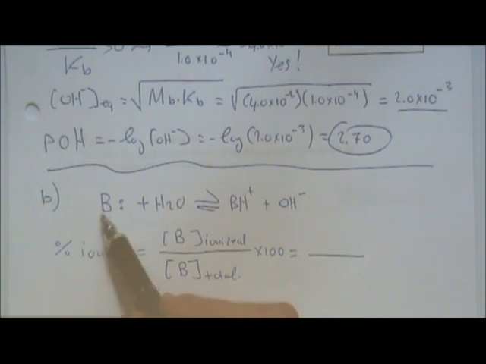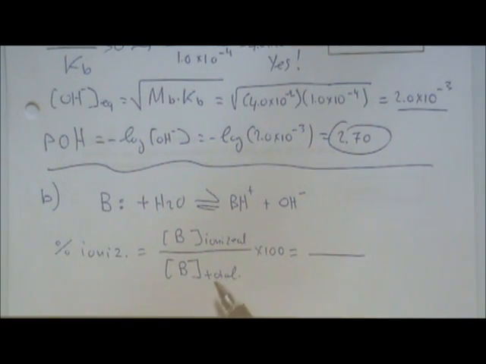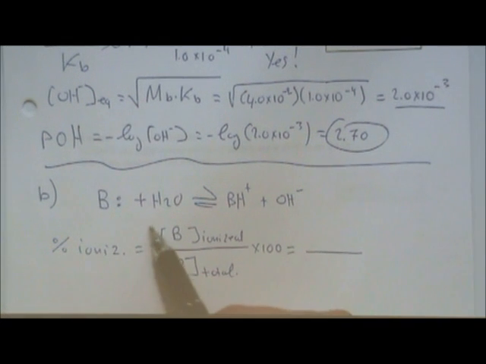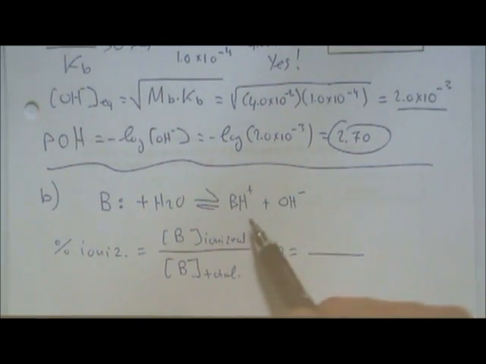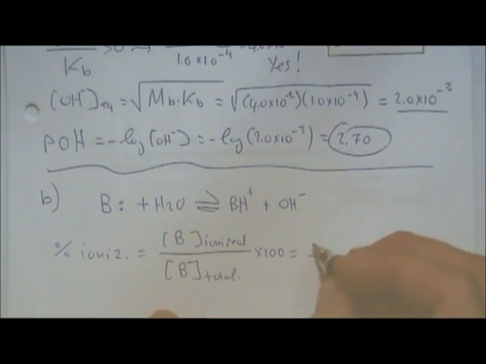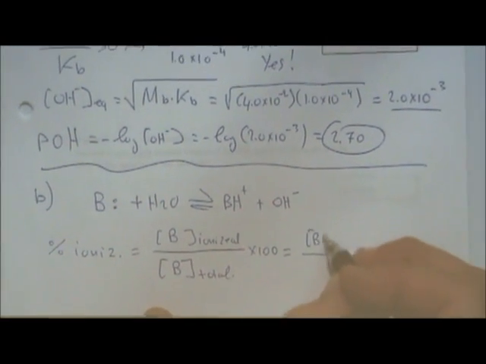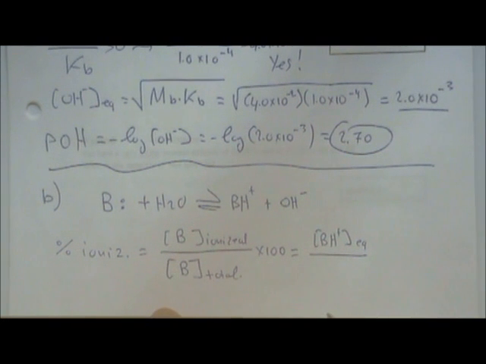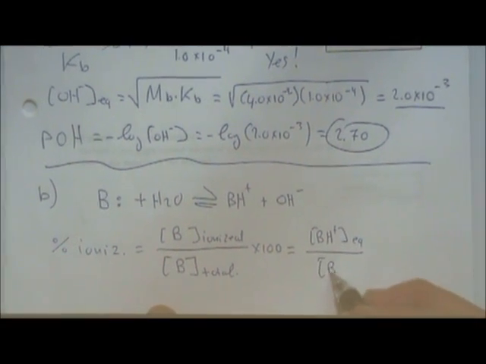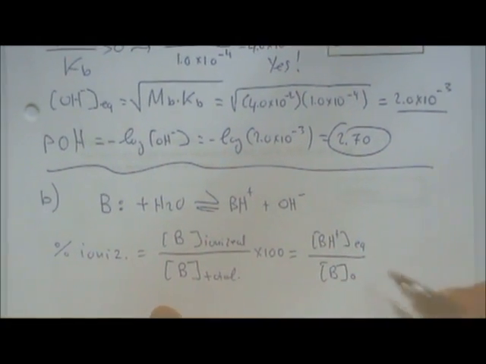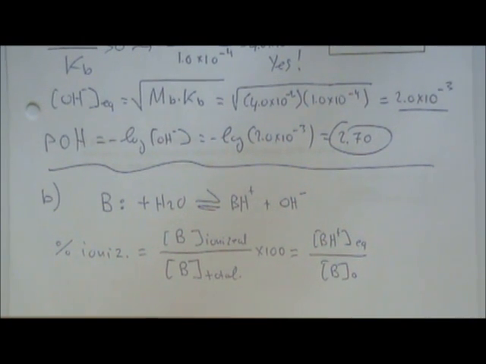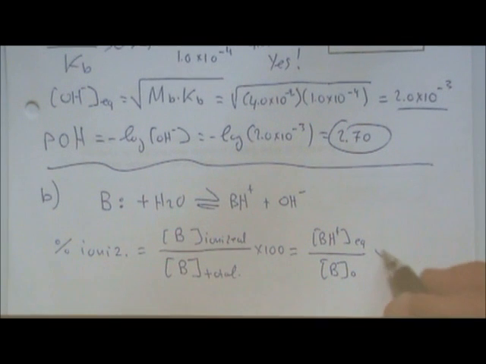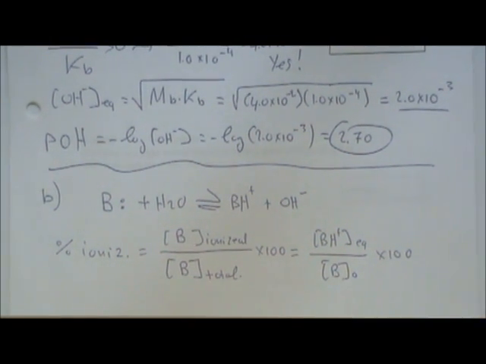So if one of these reacts, it will give you one of these. So the concentration that reacted with water is going to be equal to this concentration. So instead of this, I can write the concentration of BH plus at equilibrium, because this and this are the same, divided by the concentration of B total, let's put original, that circle there. You can leave it the same way, it doesn't matter. Times 100. Okay, now we are closer.